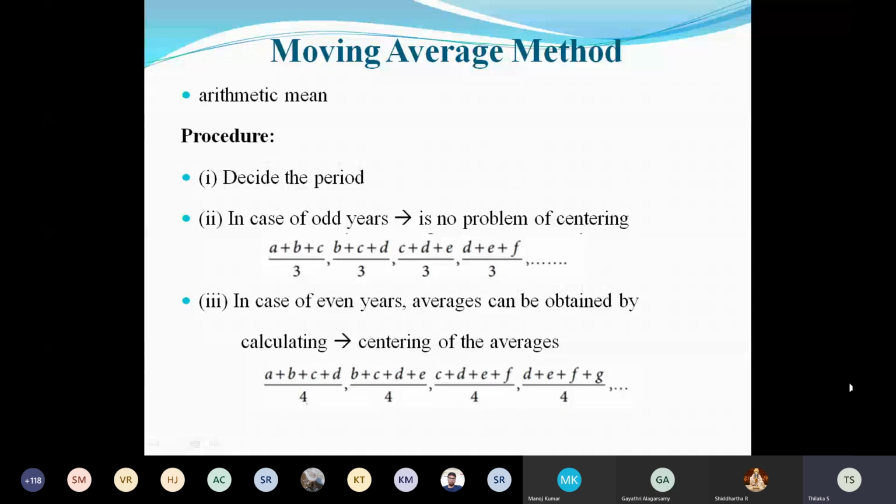And here arises the problem of where to write the total. It is in between, so you have to write it in between the second year and the third year for the first set, that is in between B and C. So in some cases it will be found difficult, otherwise you can follow the process which is called centering.